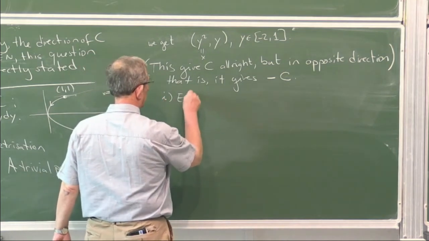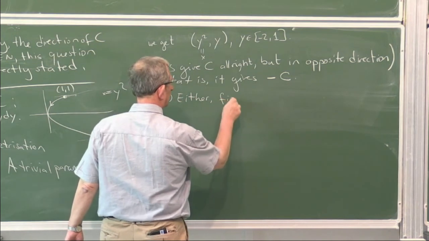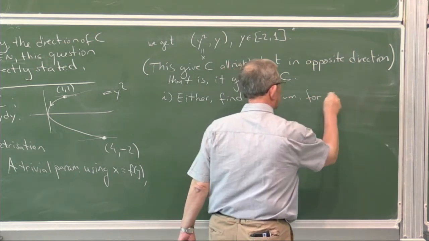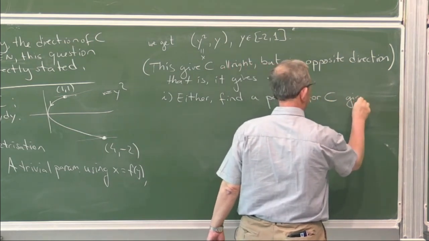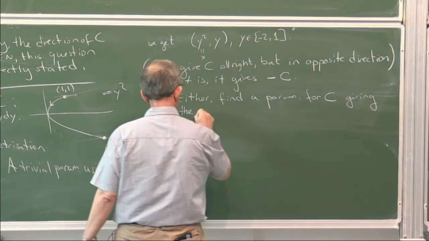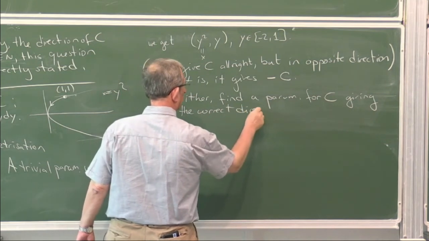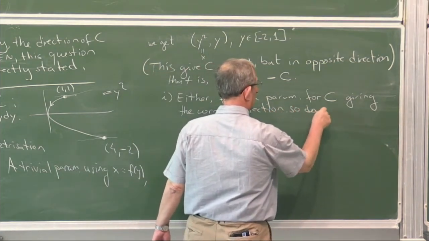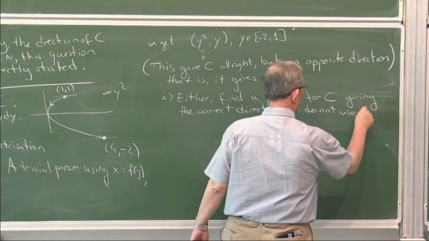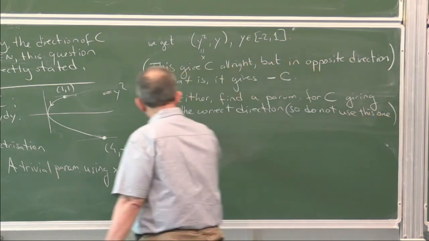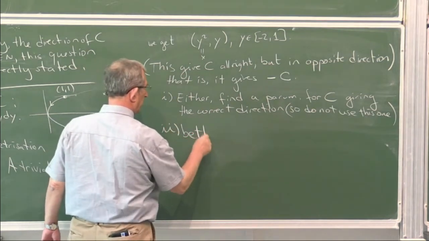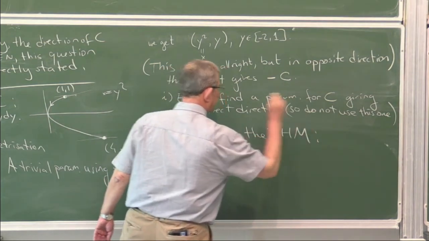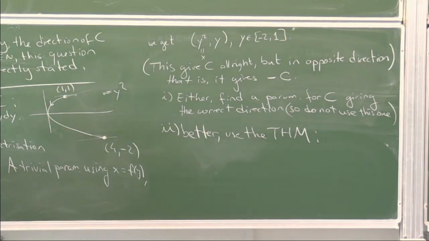Either find a parametrization for C giving the correct direction, so do not use this one, or better, use the theorem. This theorem will be very useful, so we will prove it.